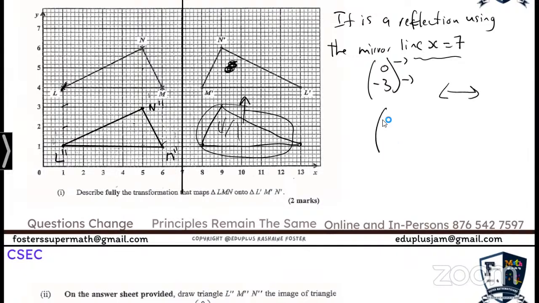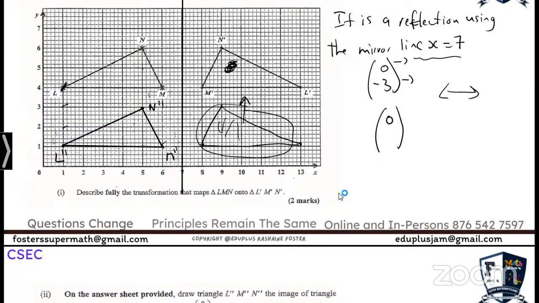So what is the horizontal movement? What number? 0. Once you hear me talking about horizontal or vertical movement, that means we're doing translation.